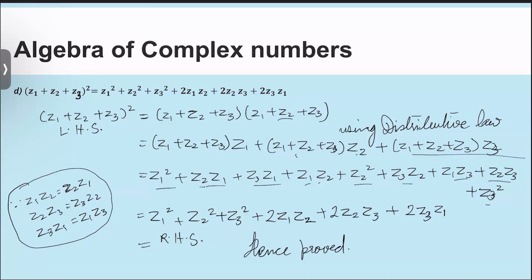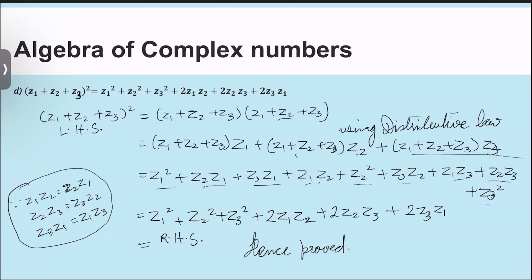Okay, so you can see that similarly, if you keep increasing the number of complex numbers in the bracket, and you try to find the solution or try to see how the identities change with increasing complex numbers or increasing the powers of the bracketed expressions, you can solve by yourself also and see how it will change.